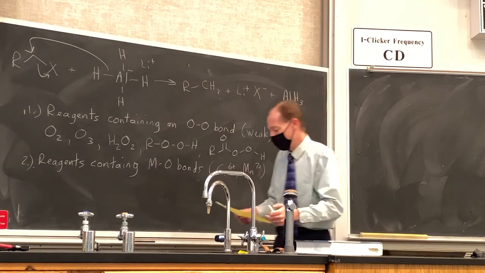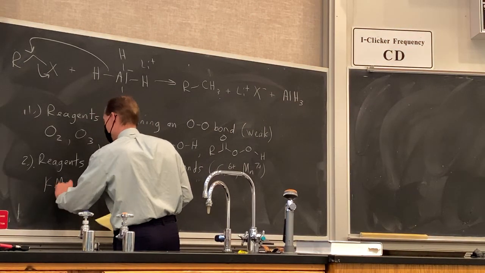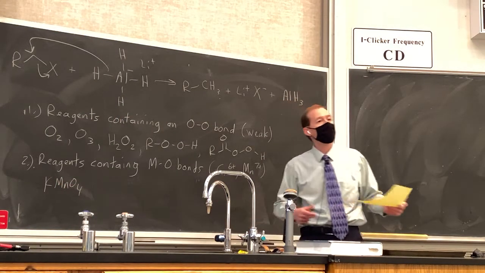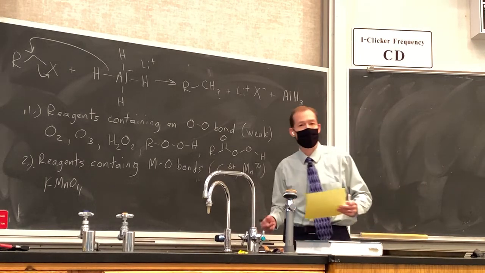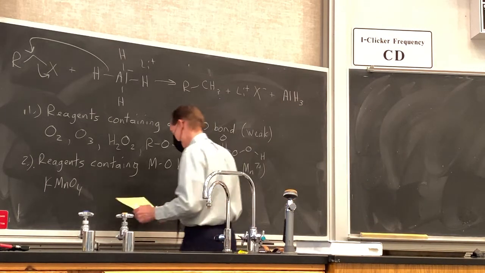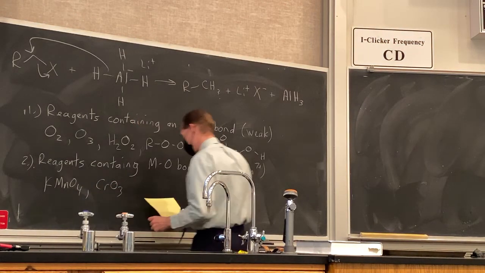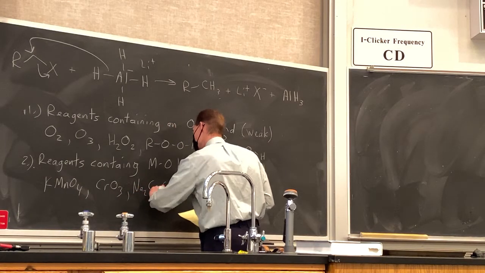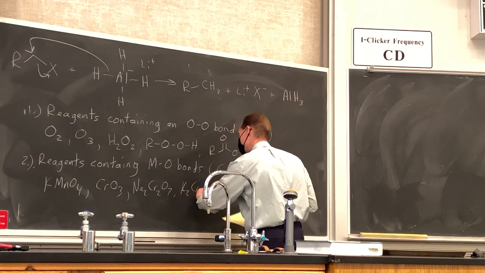Manganese-7, that's one that you're probably familiar with from general chemistry. You've probably known that potassium permanganate is an oxidizing agent. We're actually not going to use potassium permanganate much in this class, but there are chromium reagents: chromium trioxide, sodium dichromate, potassium dichromate.